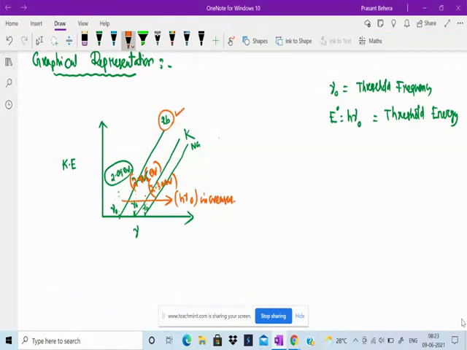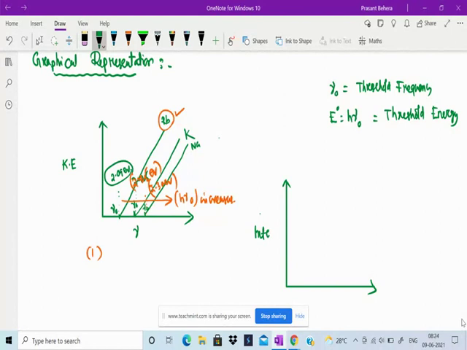Similarly, another graphical representation. This is graph 1. Like graph 2, we draw the graph of intensity versus photocurrent.